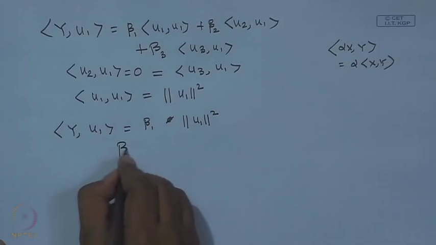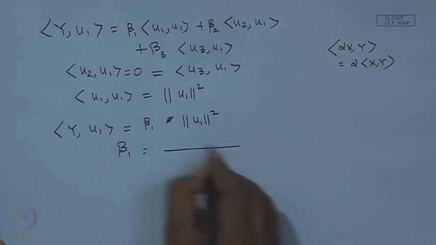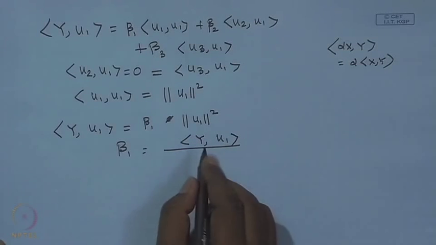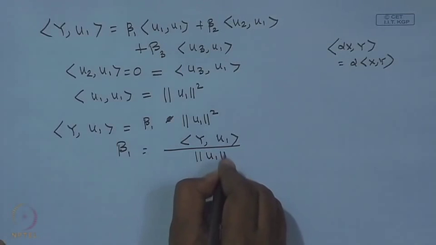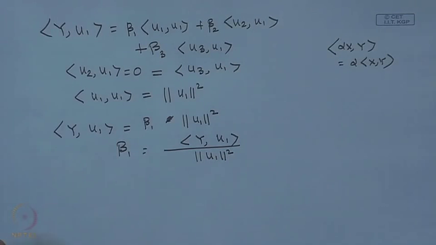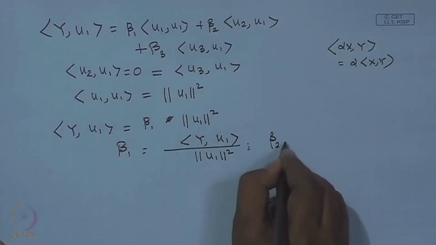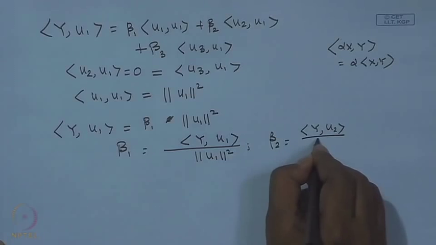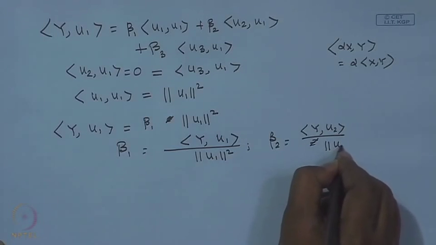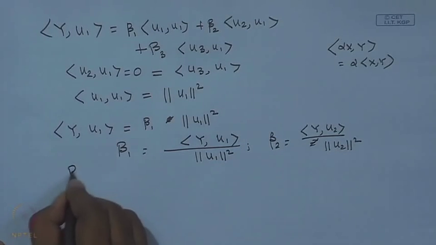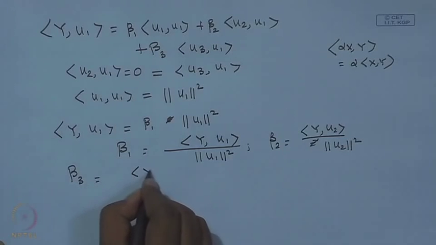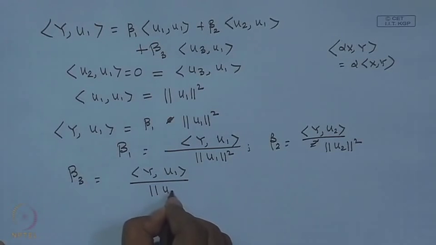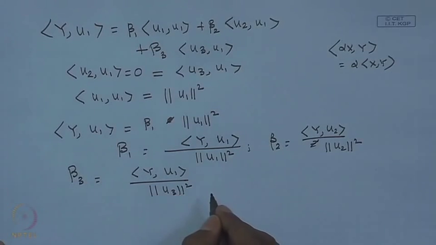So, beta 1 can be identified as the inner product of y and u1 divided by norm of u1 square. Similarly, we can identify beta 2. This is nothing but the inner product of y and u2 divided by norm of u2 square, and beta 3 is nothing but the inner product of y and u3 divided by norm of u3 square.